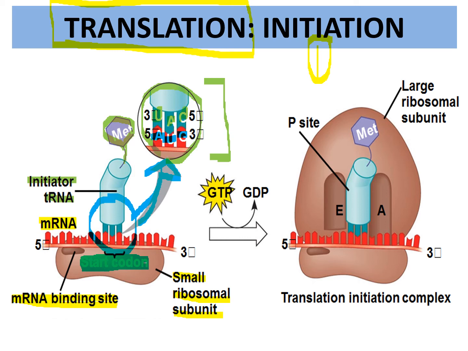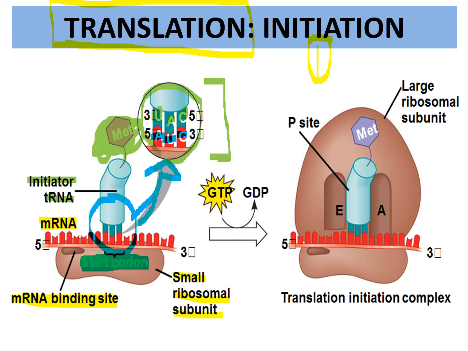Specifically, with an initiator tRNA or a start tRNA, it always carries along with it an amino acid called methionine. And this amino acid always forms the start of a polypeptide chain.